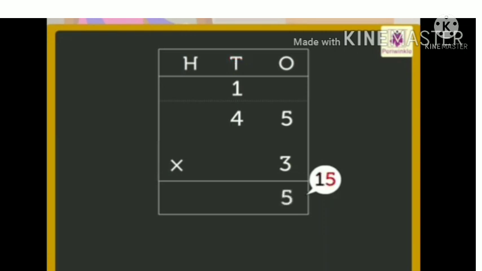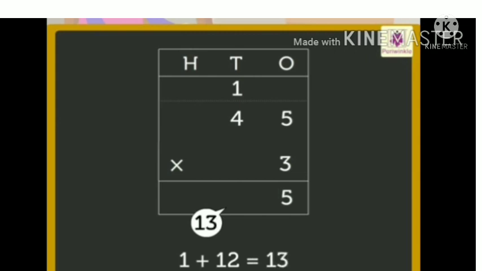Write 5 in the ones column. Multiply the digit in the tens place. That is, 4 into 3 is equal to 12 tens. Add 1 ten to 12 tens. That is, 1 plus 12 is equal to 13 tens.